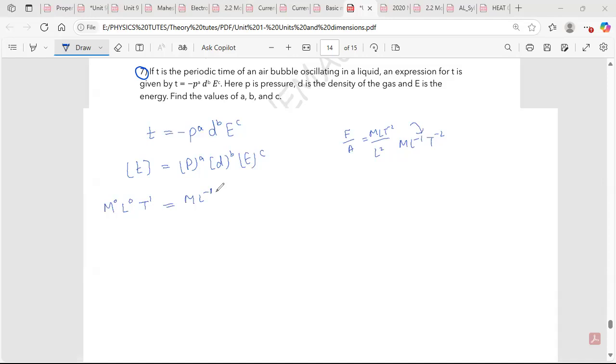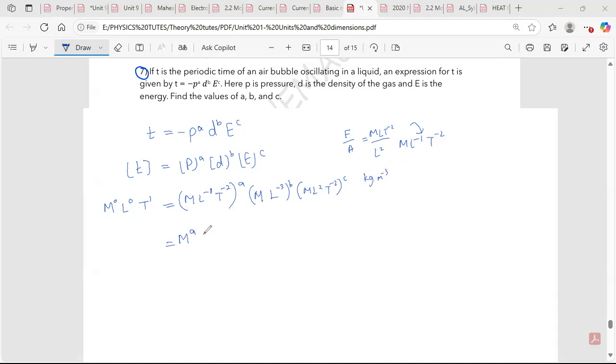M L minus 1 T minus 2, to the power A. Density is kilograms per cubic meter. That is M. Meter cube is L cube, that is per cubic meter, no? To the power minus 3, to the power B. And E is energy, that is M L squared T minus 2, to the power C. But open the brackets for everything now.